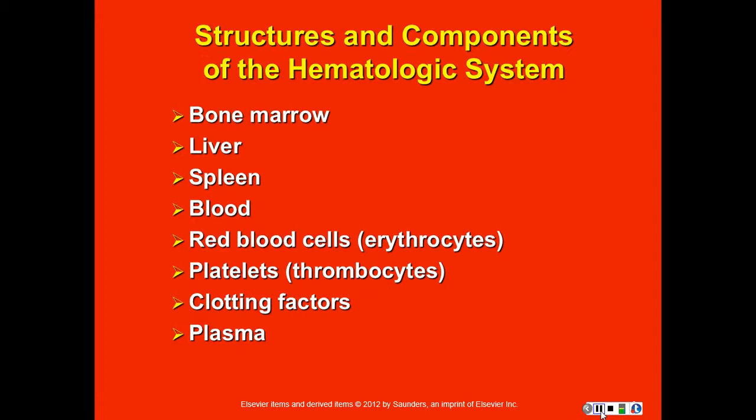Do you remember that word? Erythropoietin. And what kicks that hormone in is when we have a decrease in oxygen level in our body. Remember, we get hypoxic, the body kicks in to produce more red blood cells, so hopefully we can carry more oxygen around. So we need erythropoietin, which is produced from the kidneys. So when we have kidney problems, we may have issues with our red blood cell production.